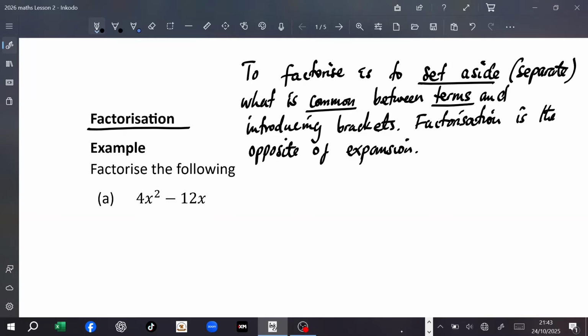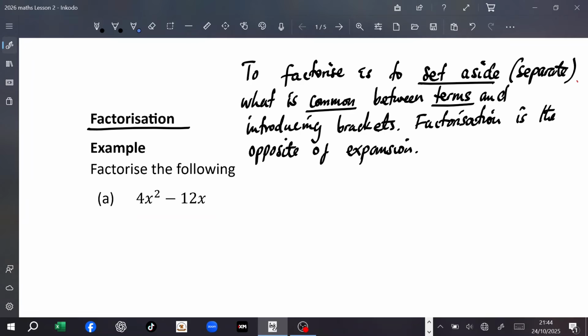That's what you should know. Whenever you are factorizing, you are doing the opposite of expansion. These two are the concepts that are at the bottom of understanding what factorization is.